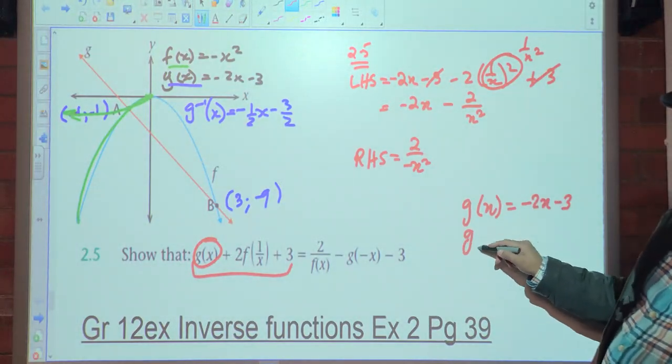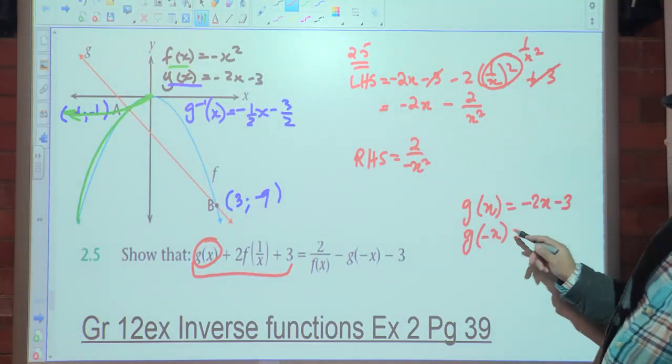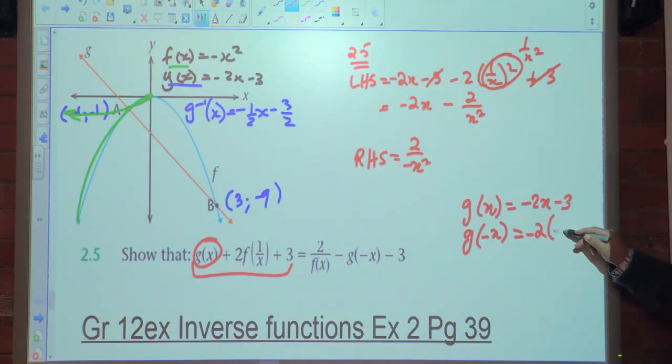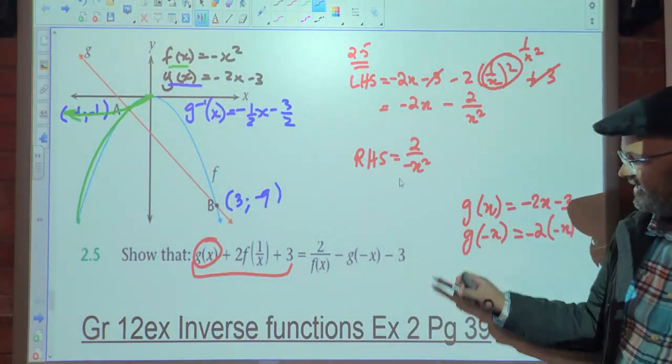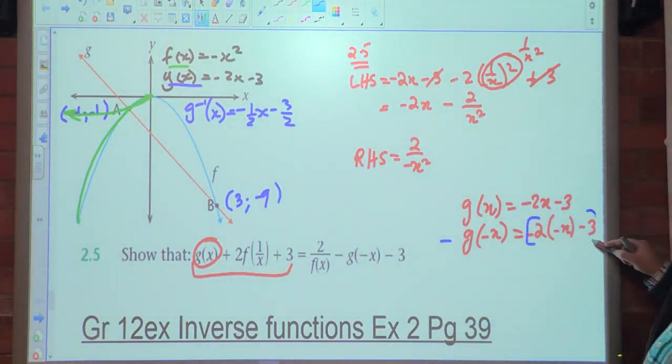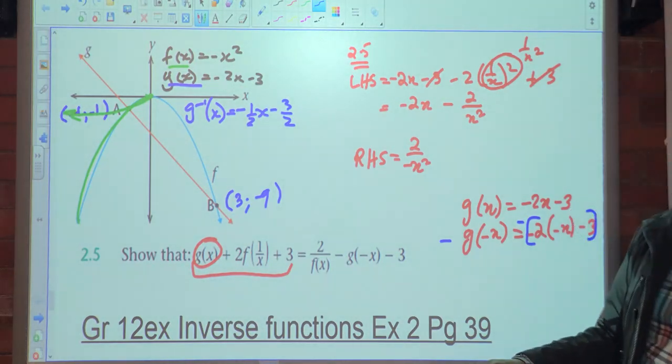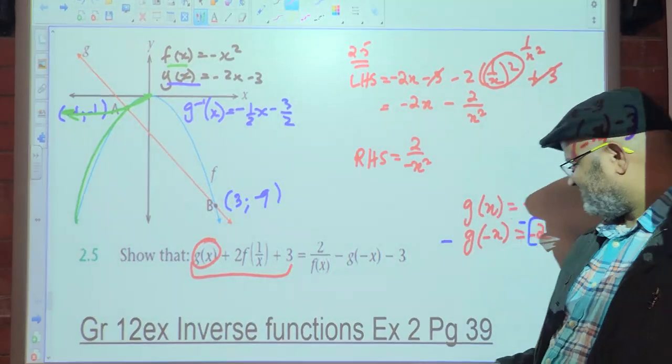What is g of negative x? If I replace x with negative x, it's negative 2 into negative x minus 3. And with that negative in front, this whole thing must have a negative in front of it. Am I right? Yes, alright?